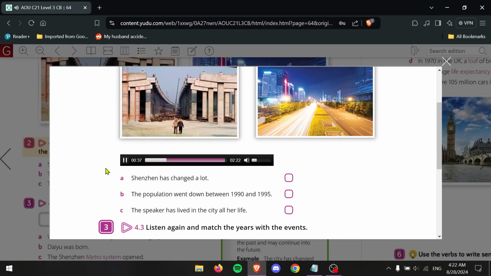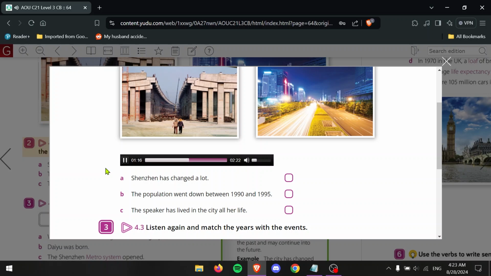In 1979, it was about 314,000. Now it is more than 10 million. In just 5 years, from 1990 to 1995, the population grew from 1,214,000 to 4,491,000. Most of the people in Shenzhen have moved from other parts of China, and millions of them leave the city at the weekend and go back to see their families.